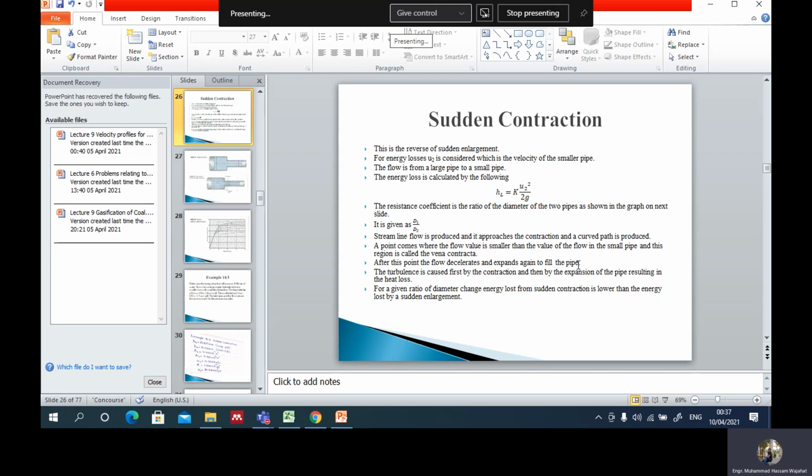So if I ever ask you what is the vena contracta, at the vena contracta, the value of the flow velocity is smaller than the velocity of the smaller pipe. यानी ये ऐसा flow velocity है जहां पर आपकी flow की value normal pipe से कम होती है, तो इसको हम वीना कॉन्ट्रैक्टा बोलते हैं.